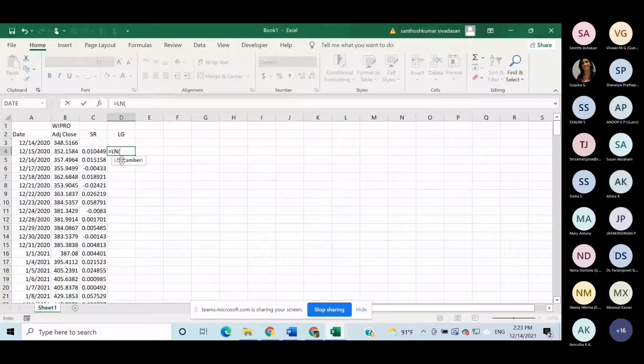So we find the natural logarithm of today's price divided by yesterday's price.